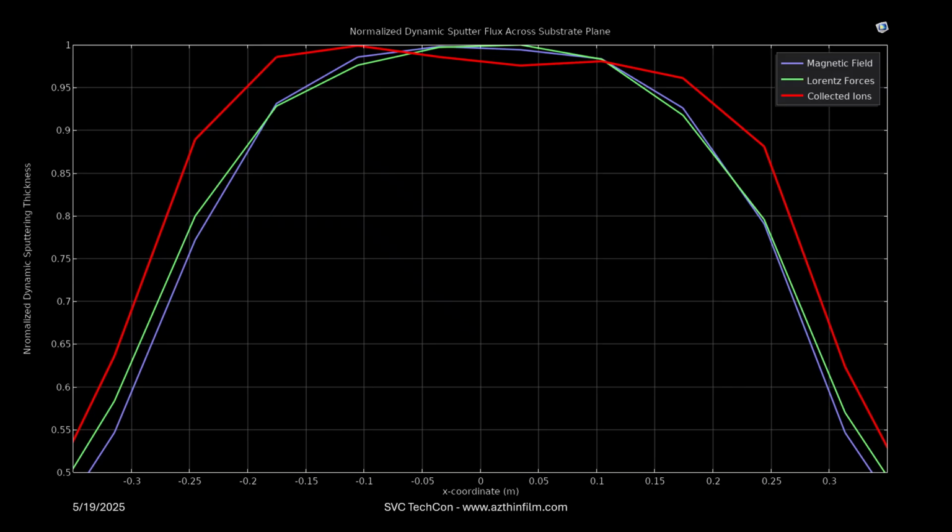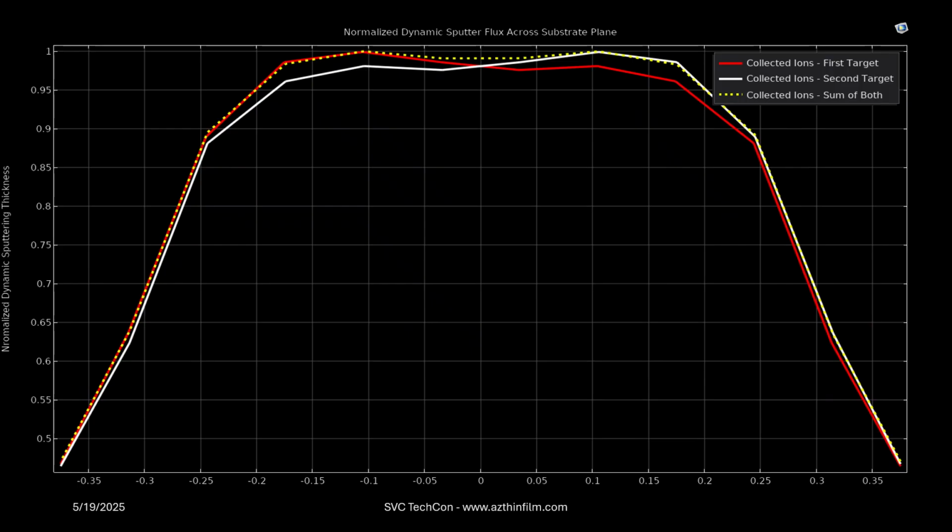We now have a high point around minus 100 millimeters from the center of the substrate, and a tilt from the left to the right with a decrease in the deposition rate, but a much broader and much more uniform deposition profile within our original 250 millimeter wide zone.